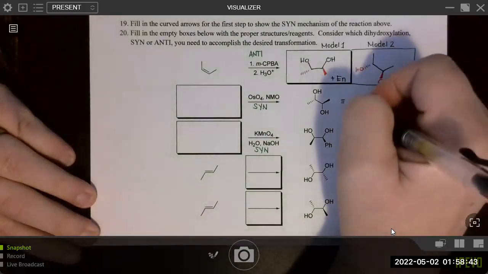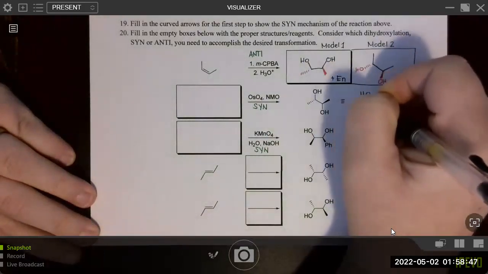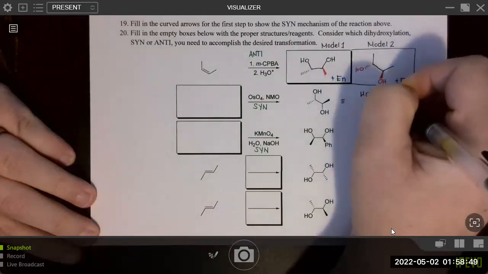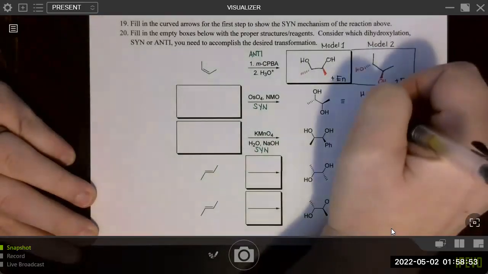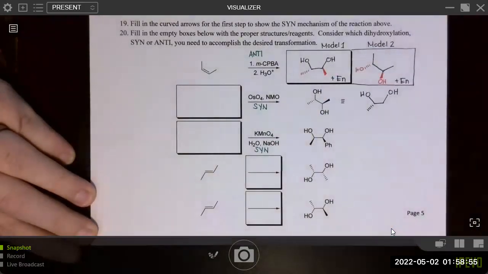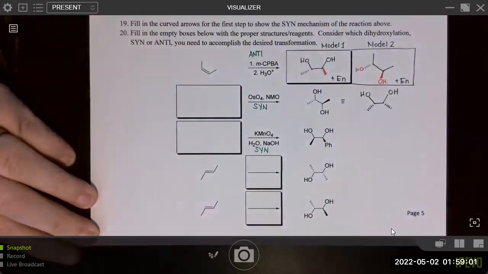So what I can do here is draw the OHs like they're in model 1, right? And then flip one of them over so it gets that way. That would end up getting them both on the same side.